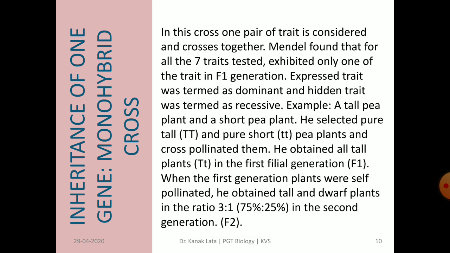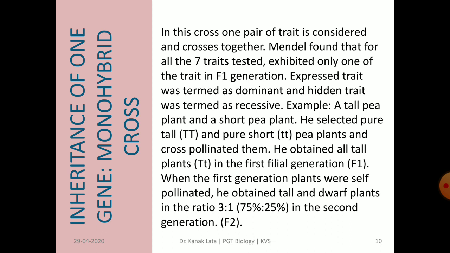Okay friends, now we will study monohybrid cross, that is inheritance of one gene. This you have also studied in 10th class. In this case, one pair of contrasting traits is considered and crossed together. If this type of cross is done, then in the F1 generation only one trait or one character is obtained, that is the dominant character.